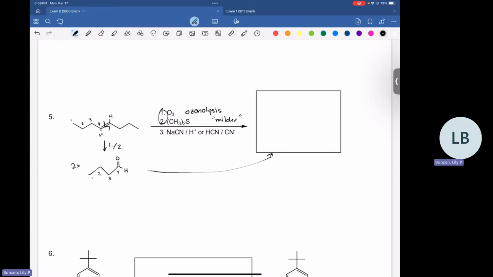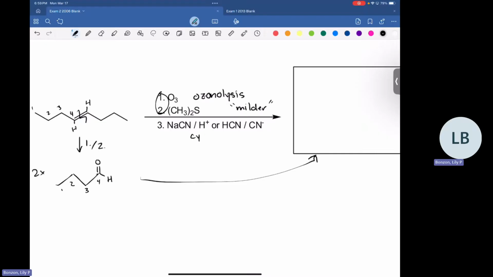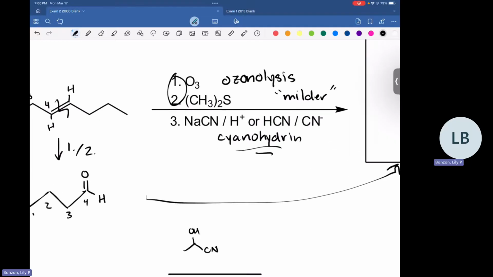So step 3, this is what I was thinking of before. This is what's called the cyanohydrin forming reaction. A cyanohydrin is whenever we have an alcohol and a nitrile attached to the same carbon. So this nitrile is going to attack that partially positive carbonyl carbon.